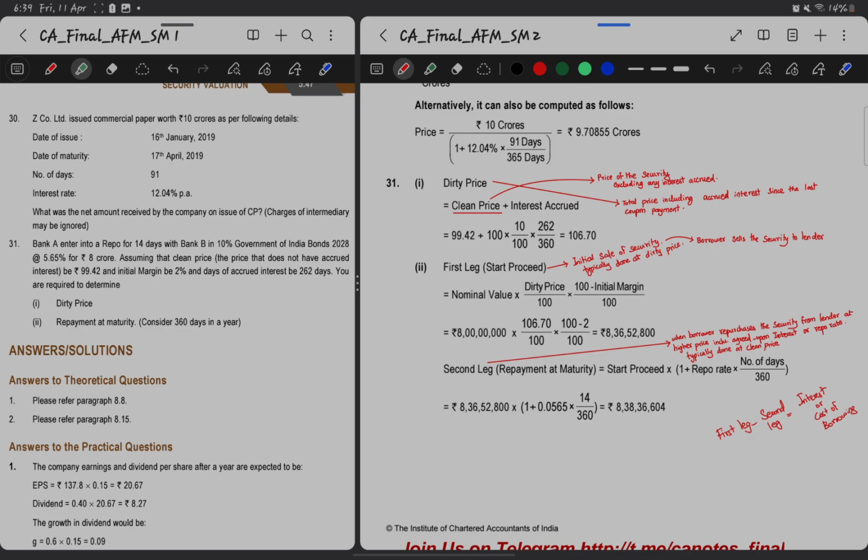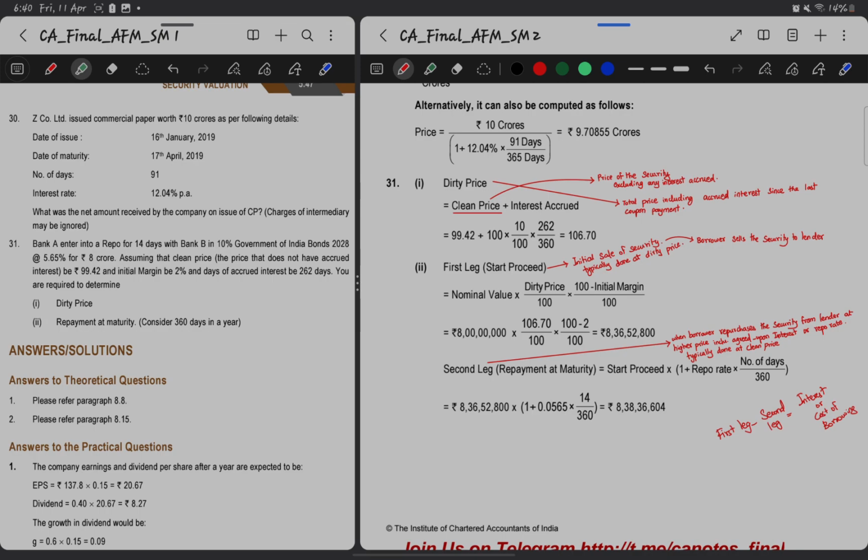In any type of security, once the coupon payment is made, usually on a quarterly, half yearly or yearly basis, from the last coupon date till the current date, the interest will get accrued. So if the price includes the accrued interest, then it will be the dirty price.